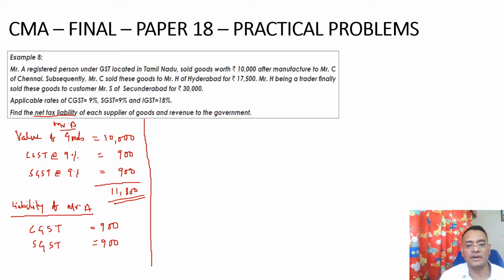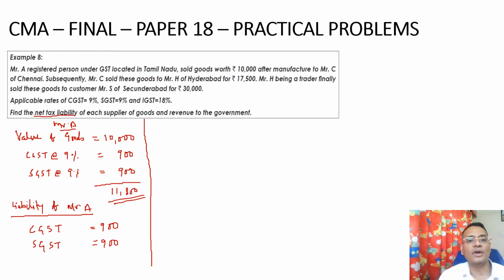Okay, now the next transaction is subsequently Mr. C sold these goods to Mr. H of Hyderabad. Hyderabad is in a different state.